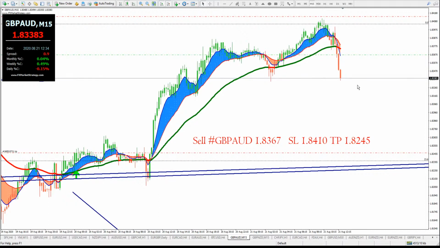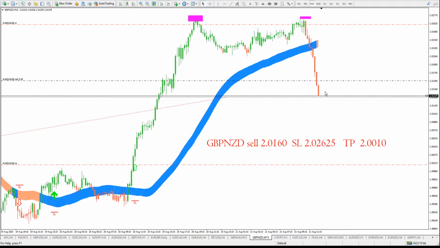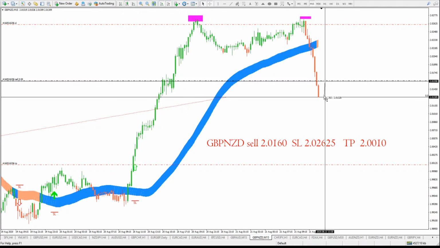Okay, so this one already in 30 pips of profit. So since we started and we gave this signal, it's going really nice. Pound New Zealand also is being crushed so bad. So it's in 26 profit.